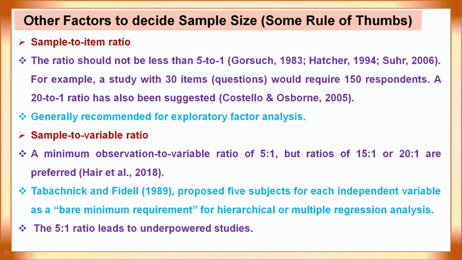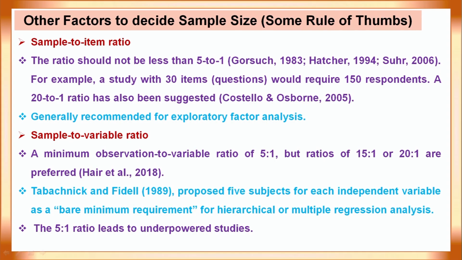Now, another rule of thumb is the use of the sample to variable ratio. Mostly you have a number of independent variables, or 2, 3, 4, or a limited number of dependent variables as a part of your research. In case of using the sample to variable ratio as a sample size determination tool, the minimum recommendation is 5:1. If there are 10 variables, then the sample size should be at least 50.